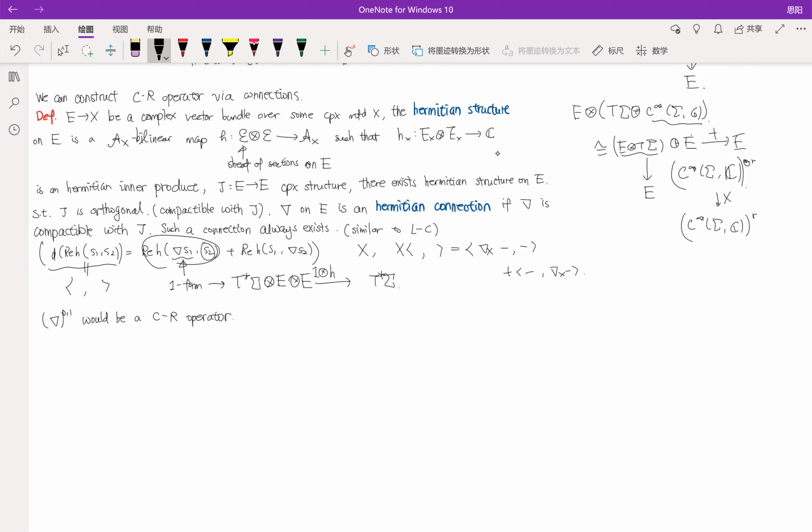This is because the connection is just a global section of the differential forms tensor E, so this is T star sigma tensor with E. It has a natural split into a direct sum decomposition. So we can just project it onto the 0,1 part of the differential operator, and this will give the corresponding connection.